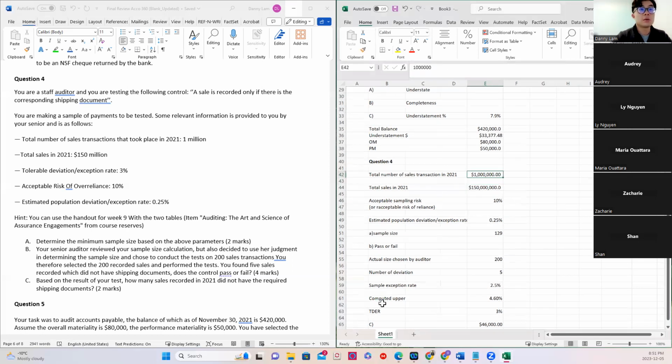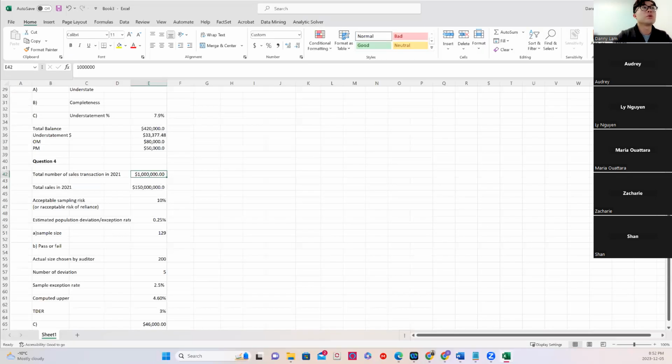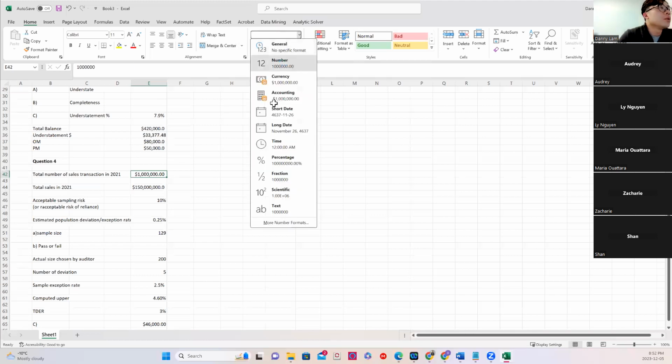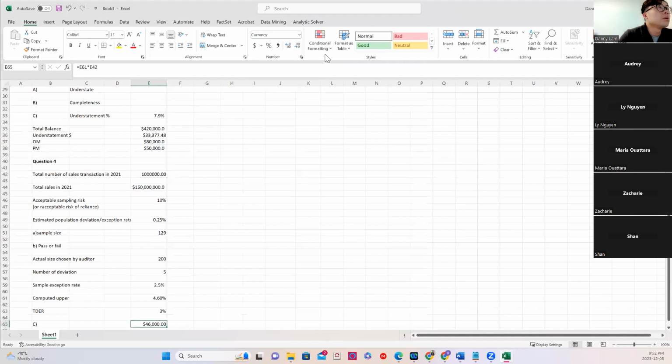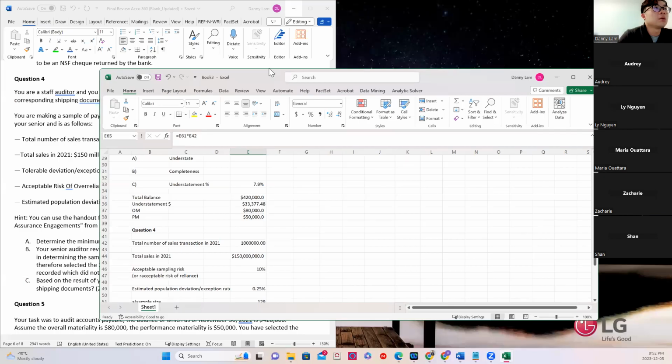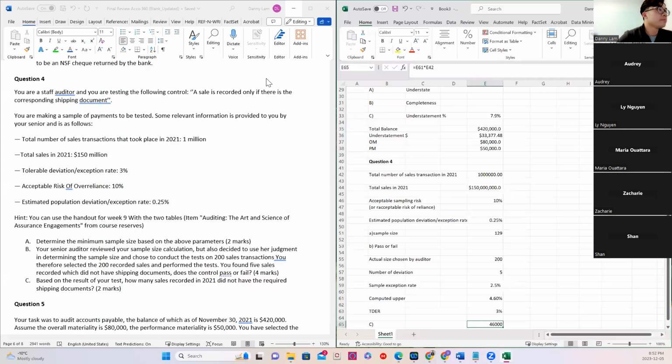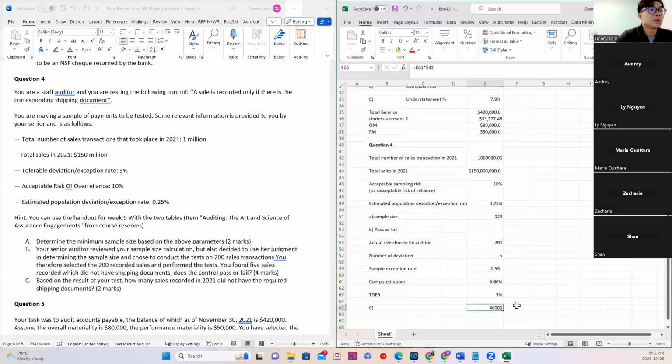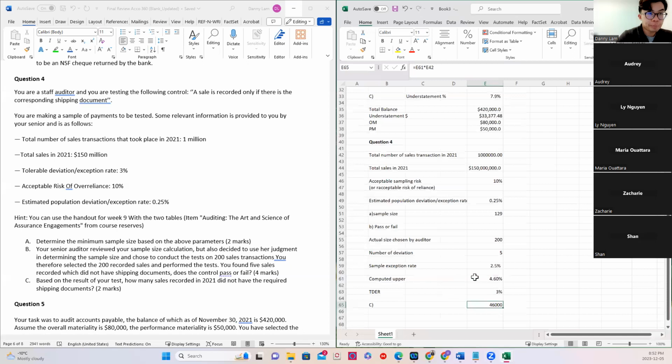This is supposed to be a number. Custom number. There we go. So C would be 46, so it would be 46,000 sales recorded, or if you want the dollar amount, take the 4.6 times the 150 million. That's it.